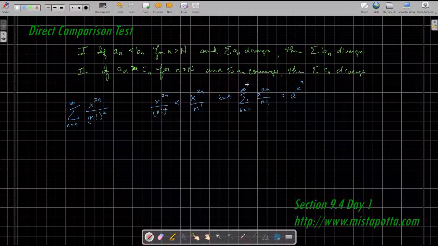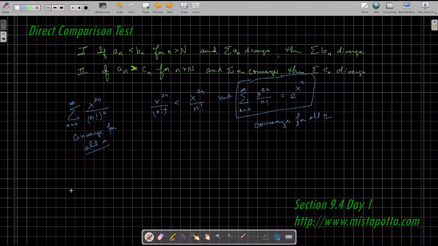And I know this from the Taylor series, that this converges for all n. And therefore, because this series is adding up terms that are smaller than the exponential series, this has to converge for all n.